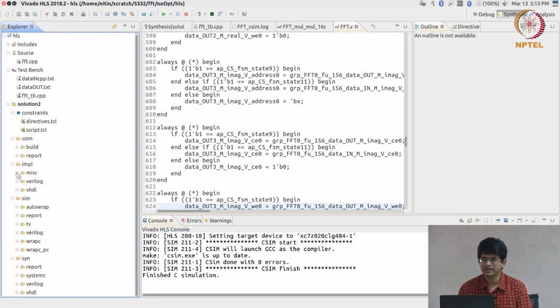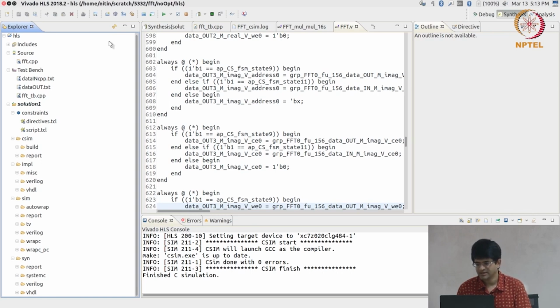There can be situations where your test bench was incomplete, you did not really test for some corner cases, and therefore you miss out on some situation where the Verilog code is actually wrong. But provided that you have done your homework and you have got the test bench fairly comprehensive, then you can say that whatever was generated by the C code and whatever was generated by the Verilog code, they match, therefore the Verilog code does what the C code was supposed to do, they are equivalent.